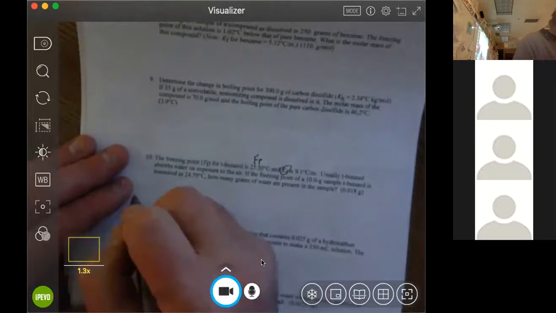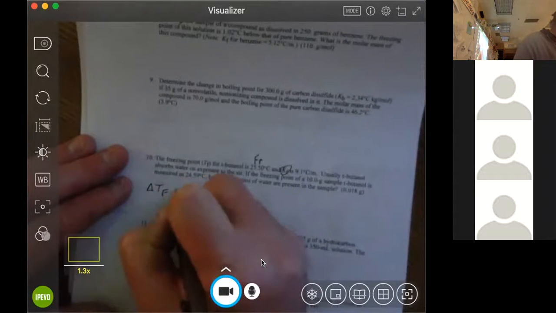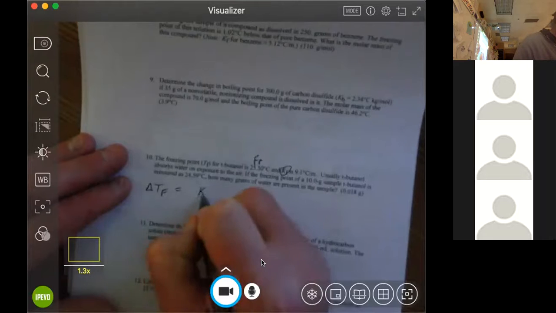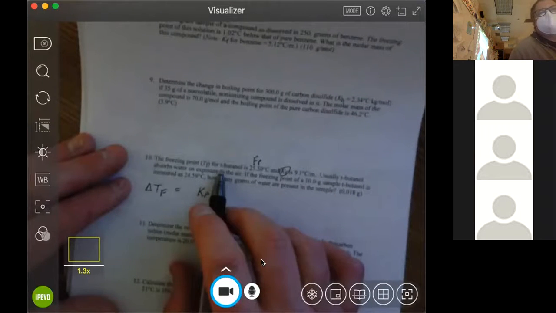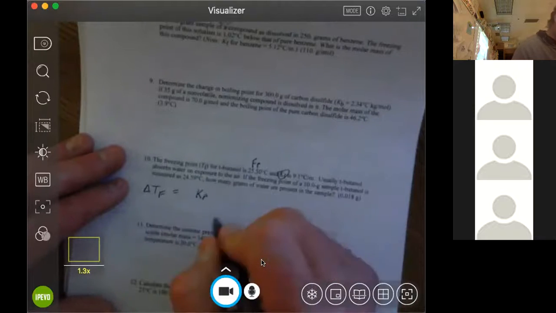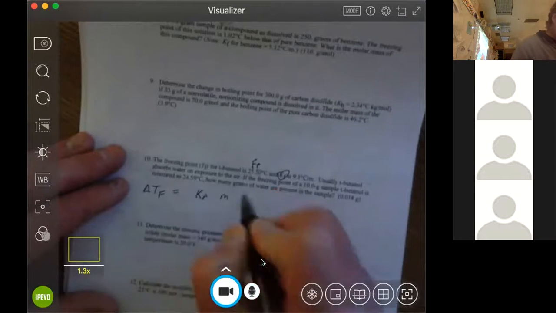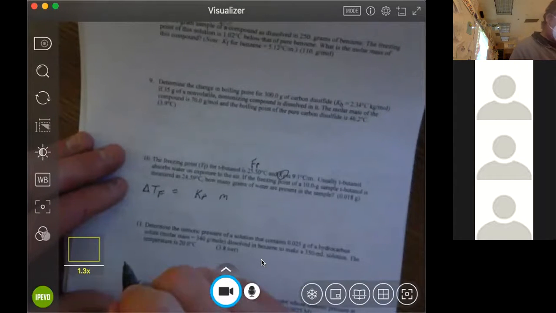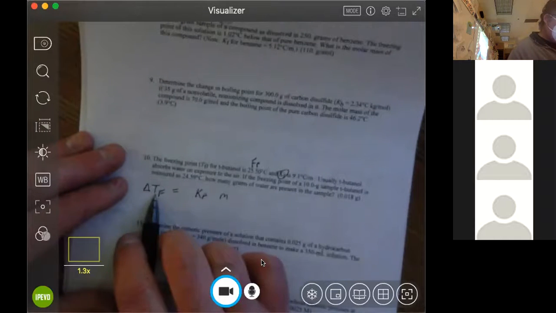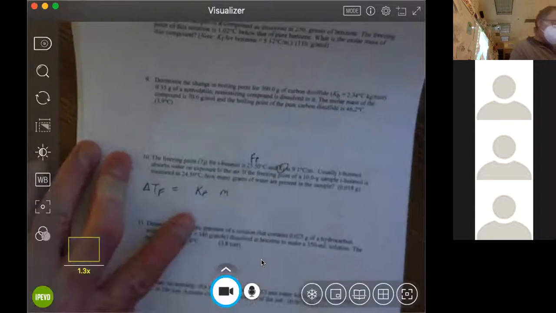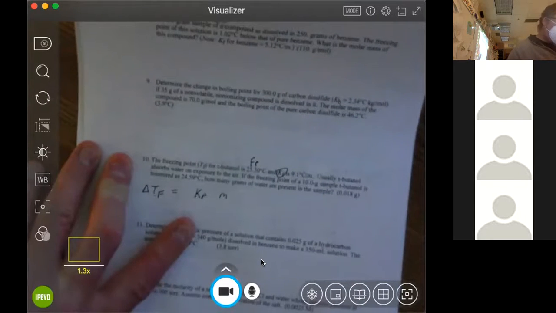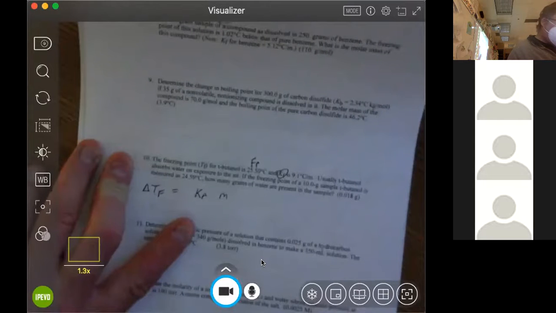So we know that the change in freezing temperature is equal to the Kf, times the van't Hoff factor of 1, times the molality. All right, then we should be able to get the change in T. It is equal to 25.50 minus 24.59.